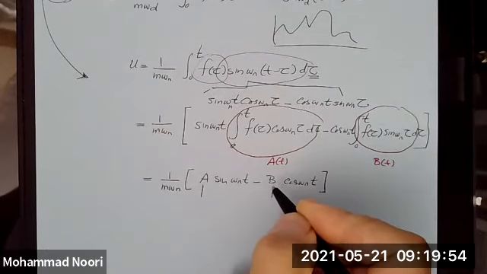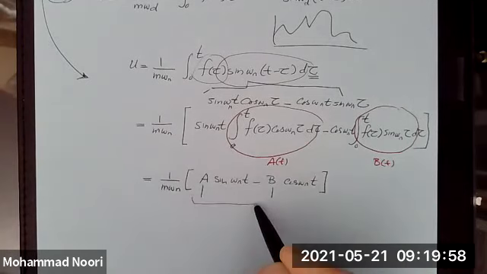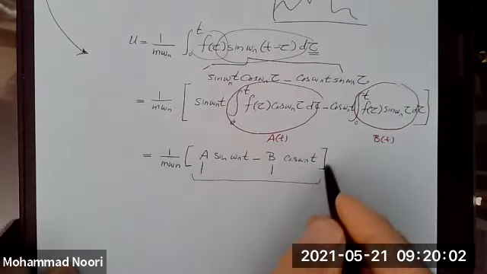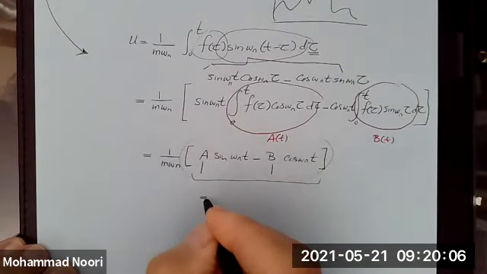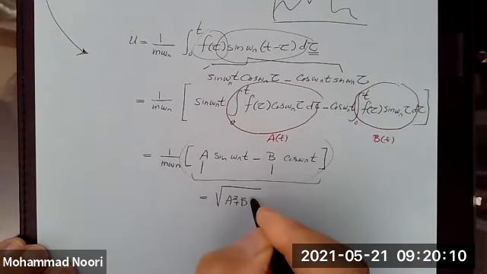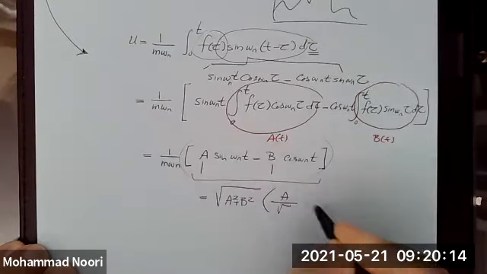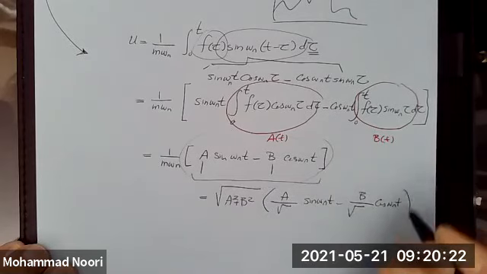Looking at this closely, it looks familiar, doesn't it? You can rewrite this in this form: square root of A squared plus B squared, times A over this sine omega n t minus B over this cosine omega n t.